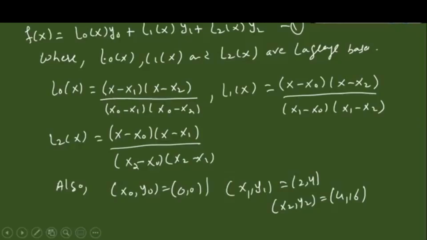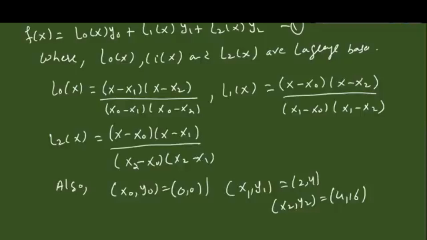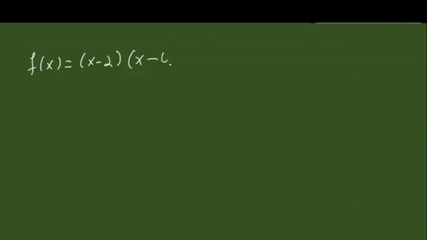So now let's do it. We can do it directly as well. f of x: L0 is associated, so it will be (x minus x1), and x1 is 2, (x minus x2), and x2 is 4, divided by, which node are we writing?